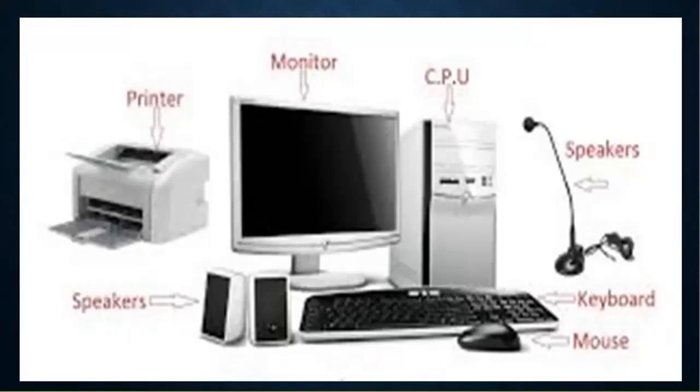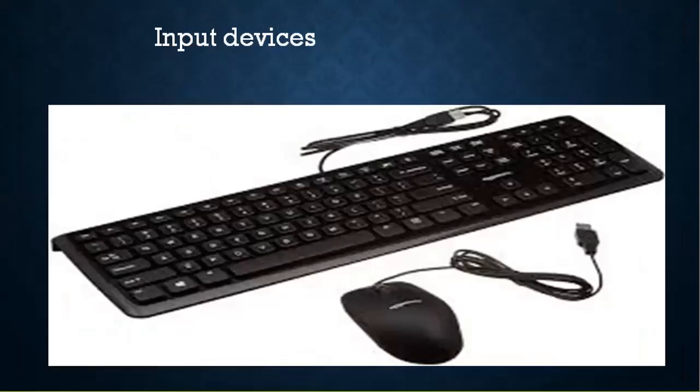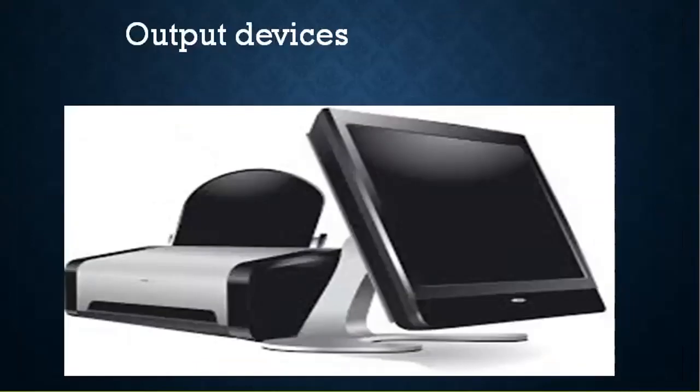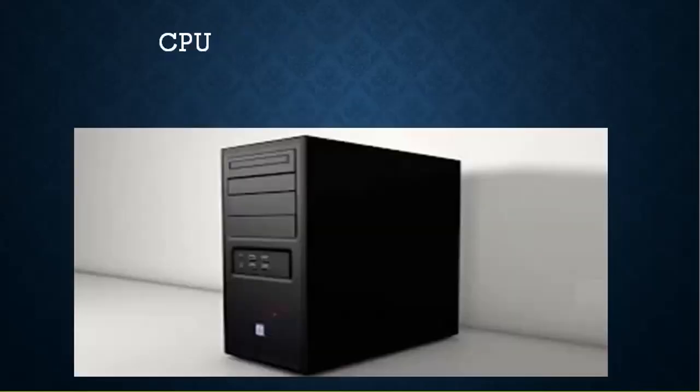These parts are divided into input devices like keyboard and mouse, output devices like monitor and printer, and the CPU, where all the memory is present and all the data is processed.